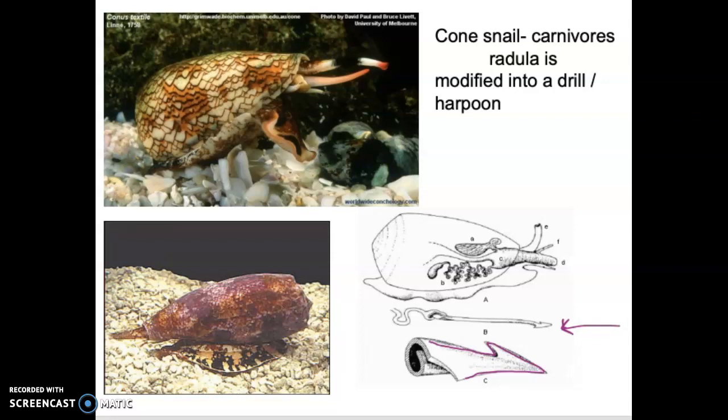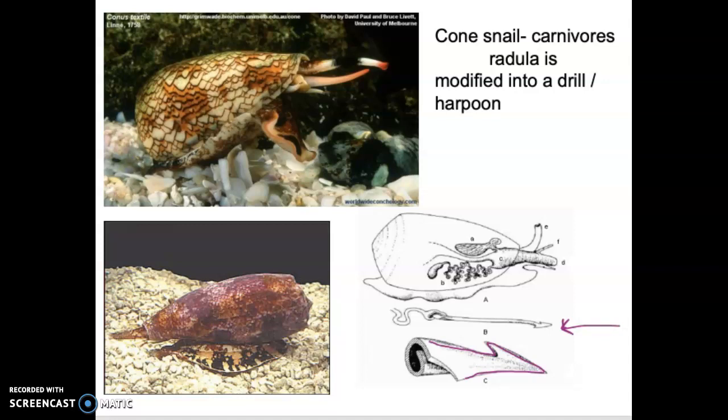So World War II, Pacific Theater, the U.S. and their allies are fighting the Japanese in the Pacific, and the Marines go in, one of the major battles in the World War II Pacific area. Marines take an island, and the battle's over, and this soldier goes to the beach to relax afterwards, picks up a cone snail, not realizing what he's, here's a snail, pretty shell, and the harpoon stabs him.